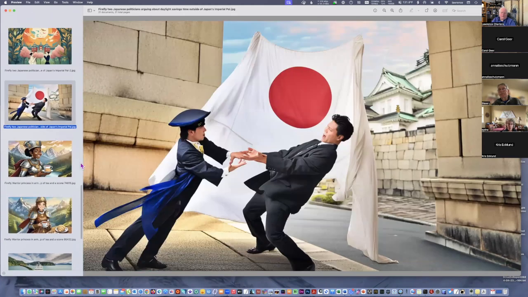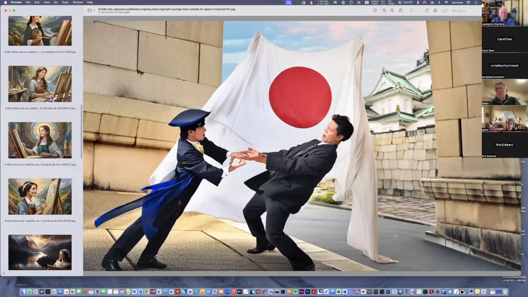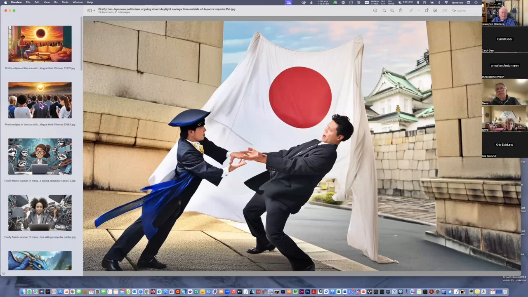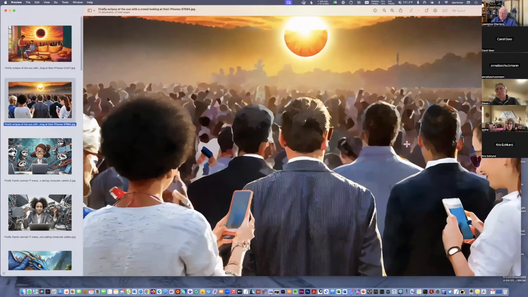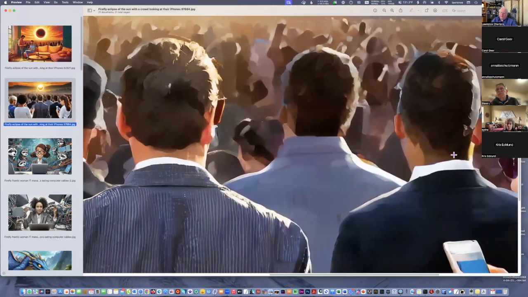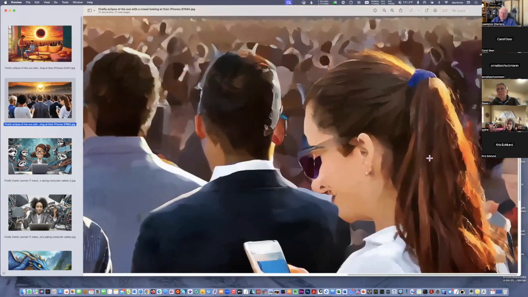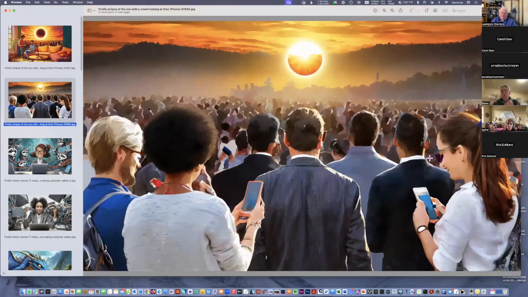Like if you look at these two guys, they're physically distorted. And if we come to one I had earlier of the eclipse, this woman's nose in particular has issues. So it's not perfect, but as an expert system to create artwork for people who really aren't artists, it's not a bad setup.